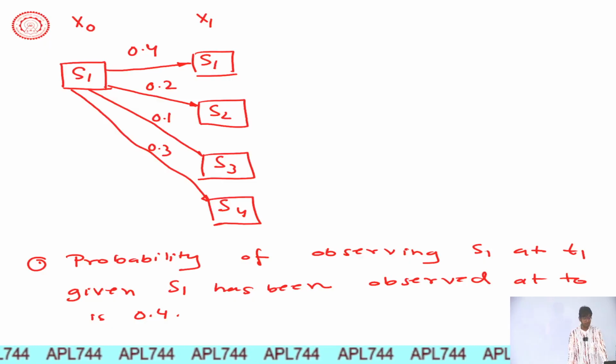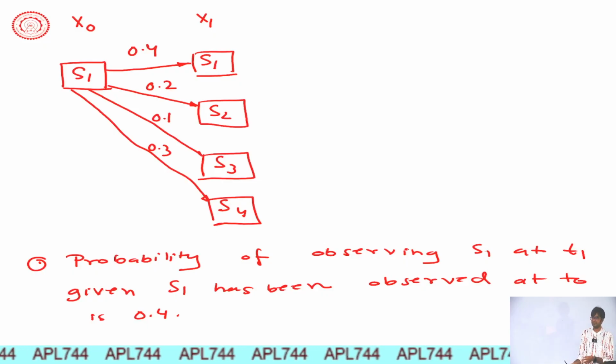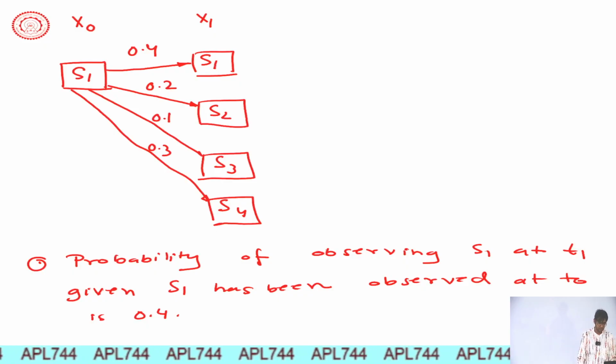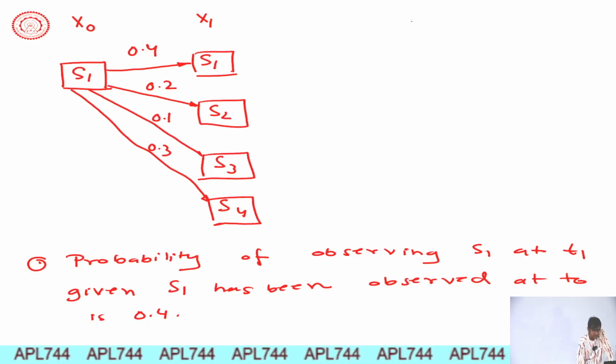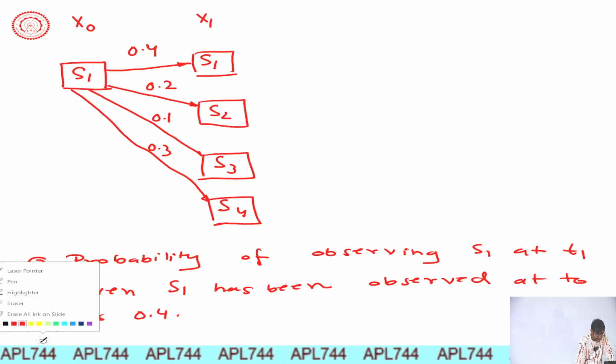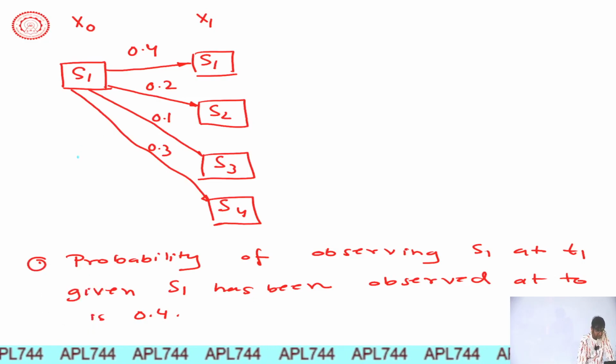Now it might be possible that at x0 I have not observed S1, I have observed S3. That's also a possibility. So let's say again at x0, let me draw here only. Let's say I have observed S3.